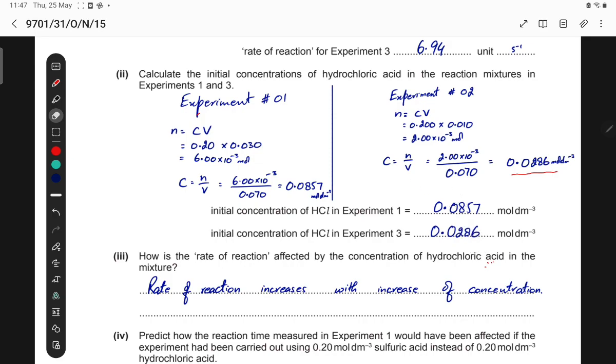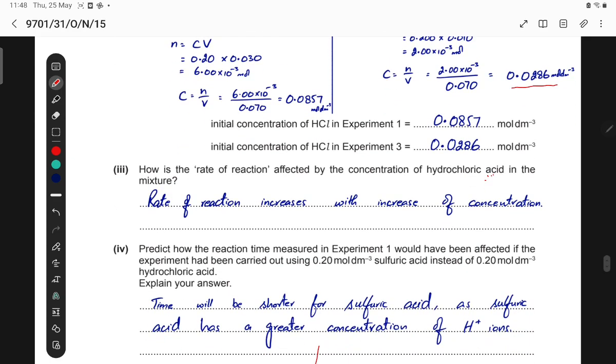Total volume is the same in both cases. So the initial concentration of HCl in experiment 1 is 0.0857, while the initial concentration of HCl in experiment 3 is 0.0286 mole per dm cube.